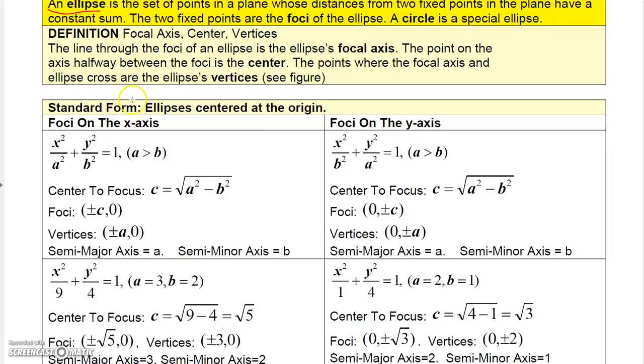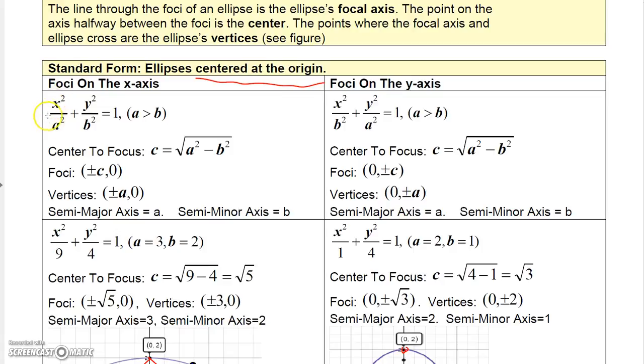So basically, the standard form for ellipses centered at the origin. Now, if you want ellipses centered at some other point, you can write the equation by using the transformation formulas. But let's say you have x squared over a squared plus y squared over b squared, where the denominator of the x squared term, the a squared, is the larger value. In other words, a is greater than b.